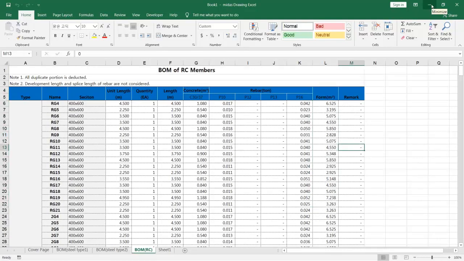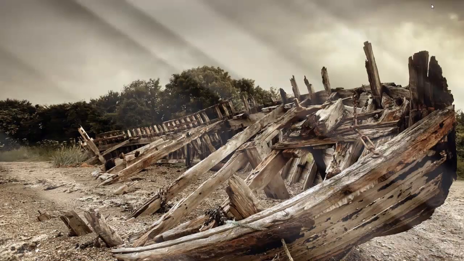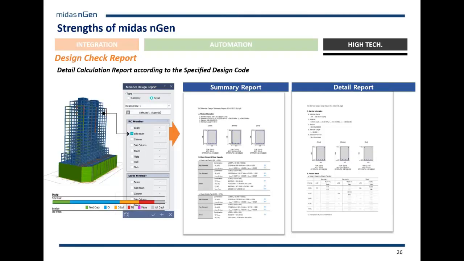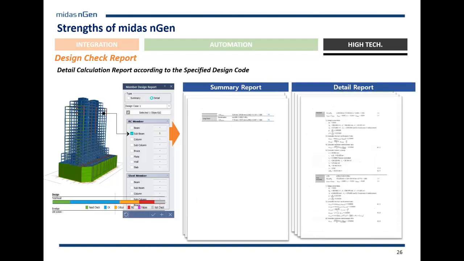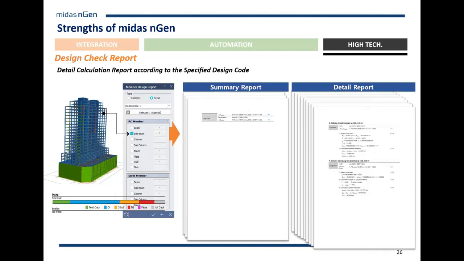Okay, so that is about MIDAS nGen. Now let me get back to the presentation to talk about the high quality outputs. As you can see, we could get the reports generated in the Word file by simply selecting it. Detailed report, also we saw several reports can be generated for several members at once.